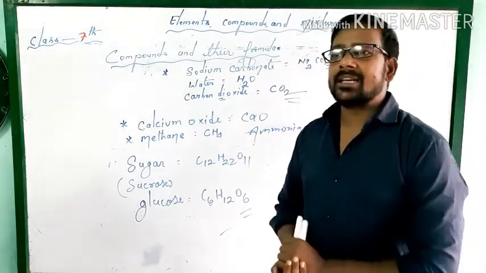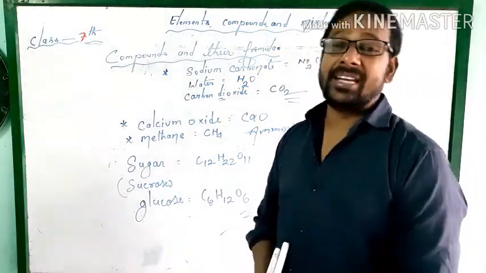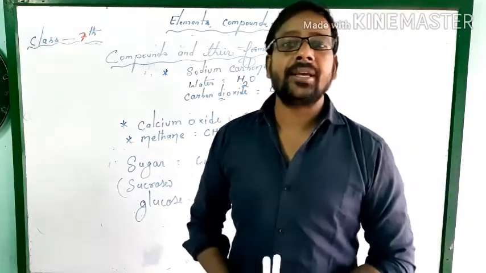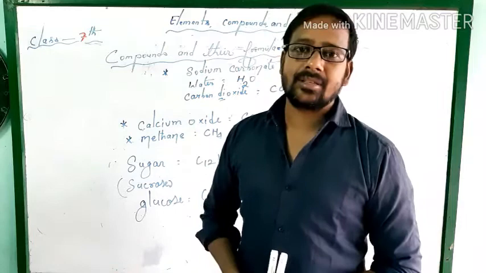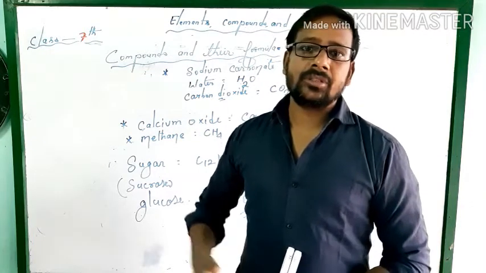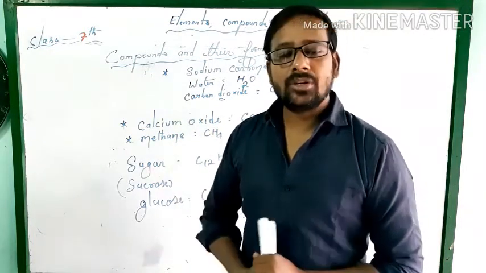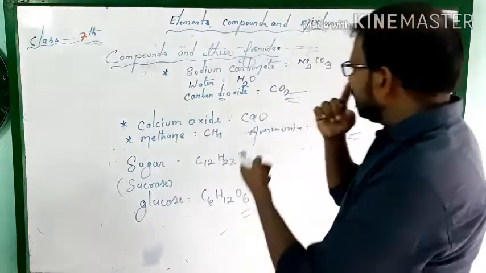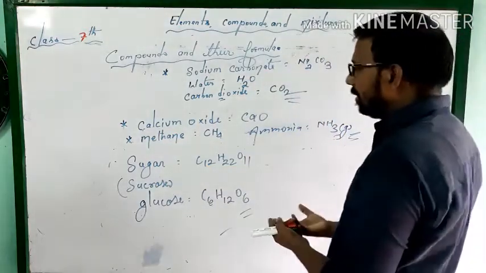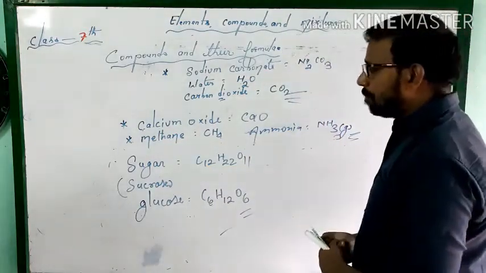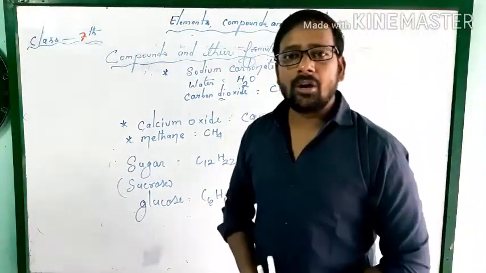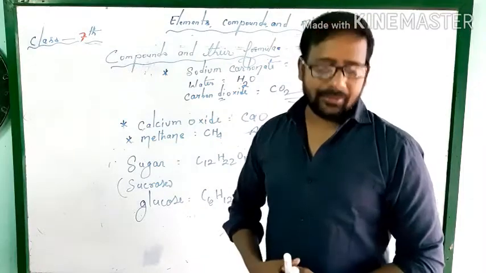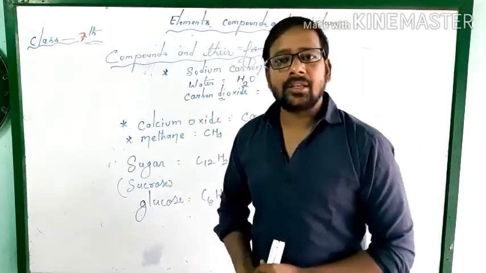Actually, ammonia compounds are very essential, and are used for making many fertilizers which increase the fertility of soil. So, my dear students, these are the simple common formulas of compounds which are used in our daily life. Try to learn all these formulas. Even a few formulas are given in your book also.